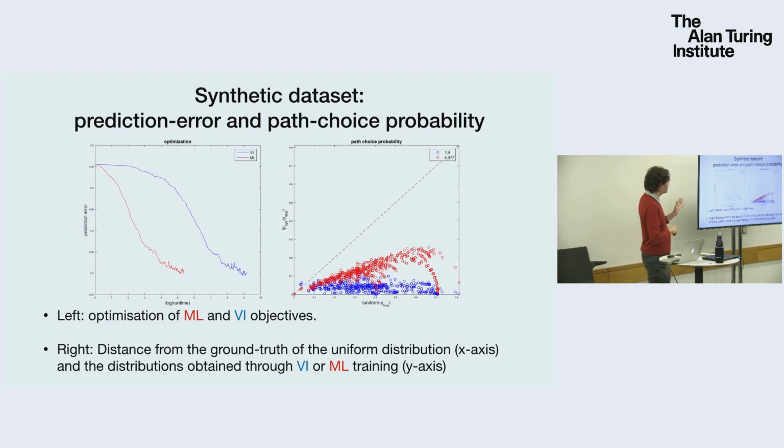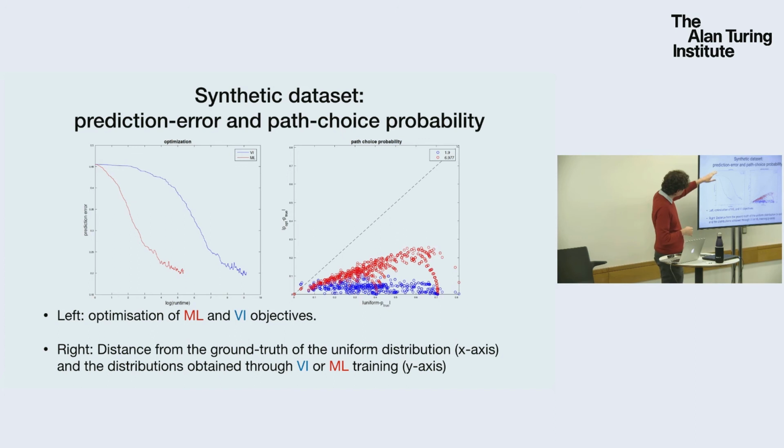And actually, it's already very close to the origin. The errors turned out not to be too bad, especially, surprisingly, I think, that the variational inference method here did particularly well in this task. So it was behaving particularly well in estimating these path choice probabilities.